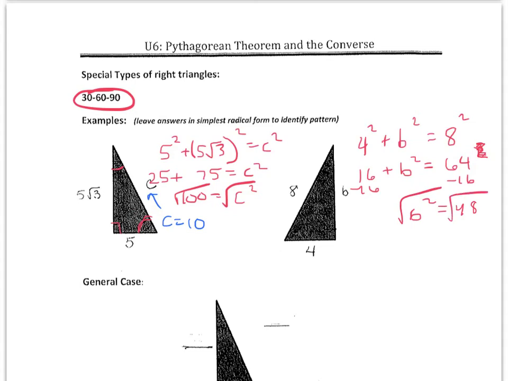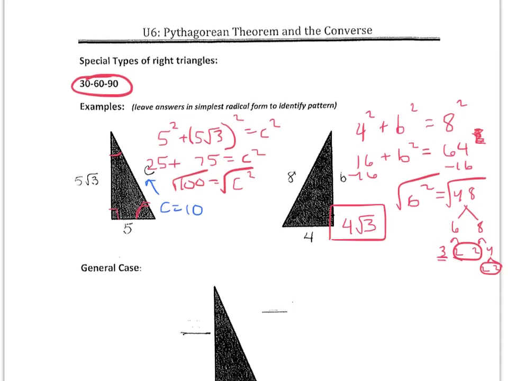Take the square root of both sides to get b, but we need to make a factor tree because I don't know the square root of 48. So 48 is 6 times 8, 3 times 2, 2 times 4, 2 times 2. So I got a pair of 2s, another pair of 2s, and a leftover 3. So 2 times 2 would make 4. 4 square root of 3 is my b side.